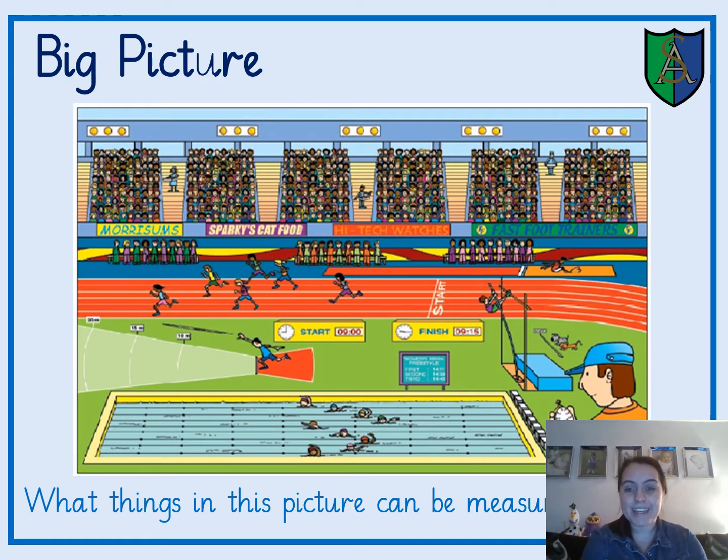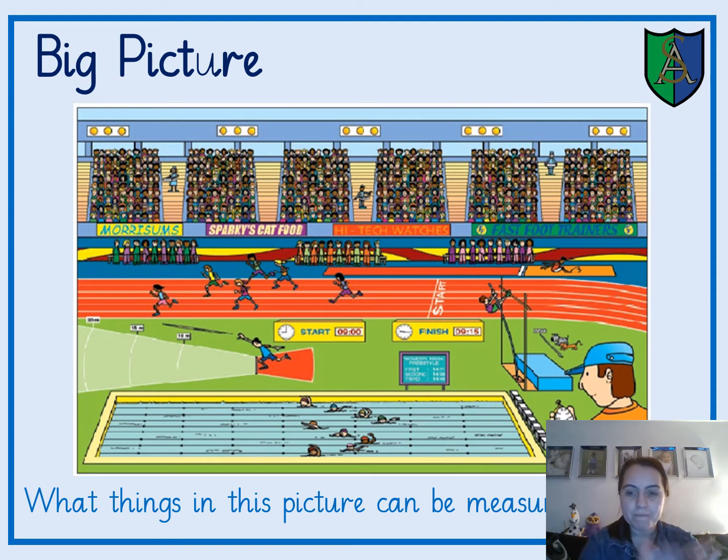Okay, so here is our big picture today. What I would like you to do is take a look at the big picture, and look at which things can be measured. Now, this is obviously an Olympic stadium or some Olympic games, okay?